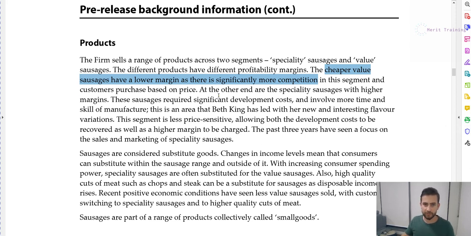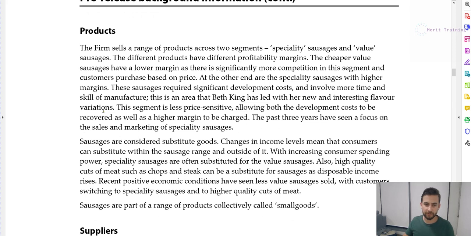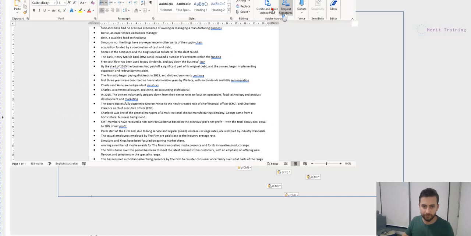Okay, and customers purchase based on price. I'll do that as a separate point. Actually, I'll combine it. Next point, at the other end, specialty sausages with higher margins. I'll just write specialty sausages have higher margins. These sausages require significant development costs and involve more time and skill of manufacture. This is an area that Beth King has led with her new and interesting flavor variations. So I'll combine it with the previous point, so I'll just show you what I'm doing.